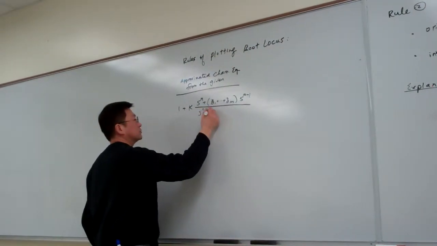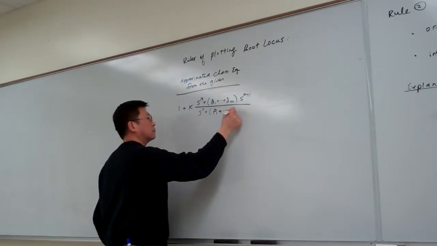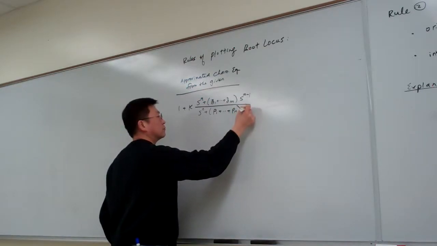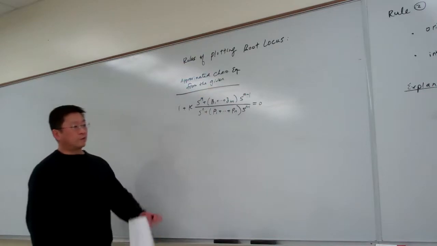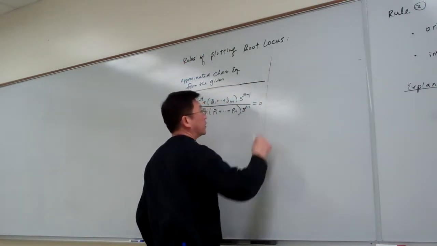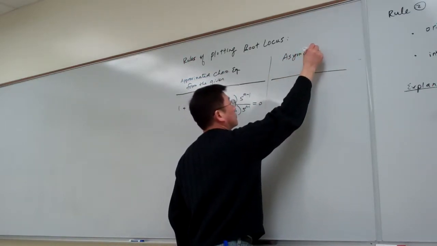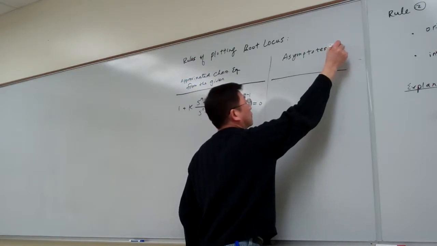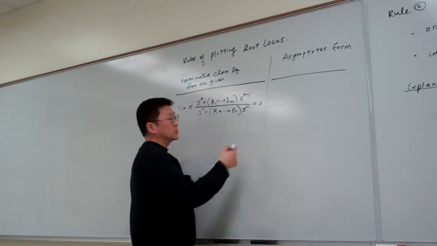The same for the denominator, I pick up the first two terms. Okay, so that is the approximation. That information is from the given format. And compared to this, the form we like for describing the asymptotes is this one.